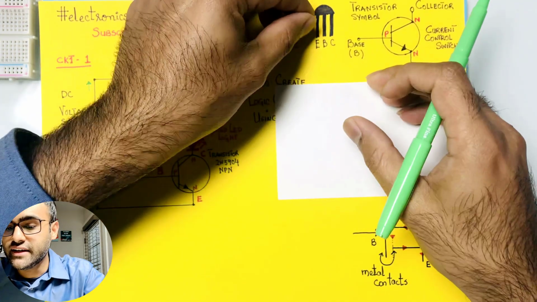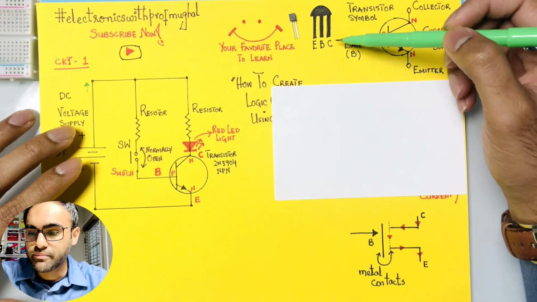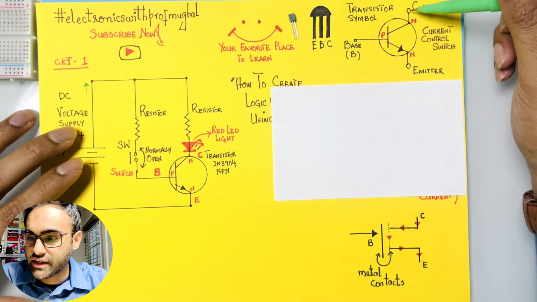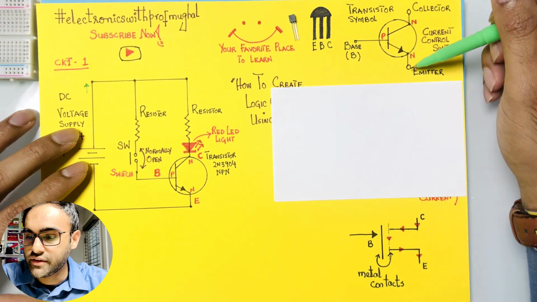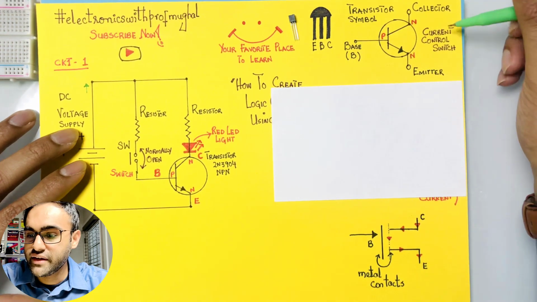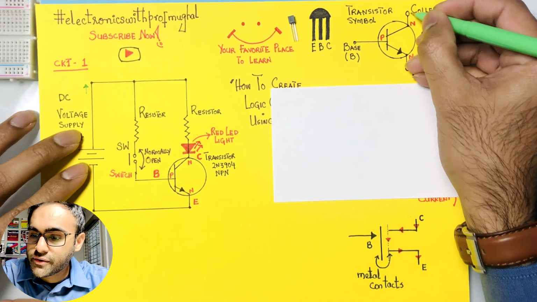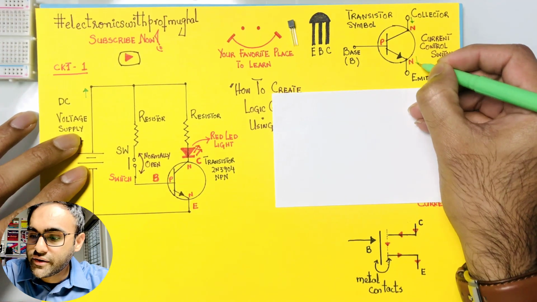If you look at it like this, the leftmost pin is the emitter, the middle one is the base, and the rightmost pin is the collector. The symbolic representation is right here. You have the collector terminal, the base terminal here, and then the emitter. So it's basically a current control switch which allows the current to flow from collector to emitter.